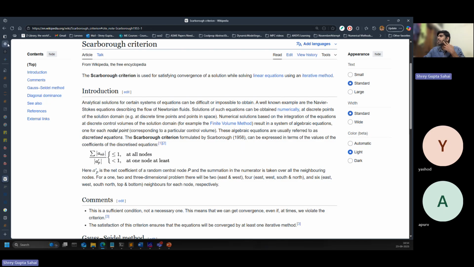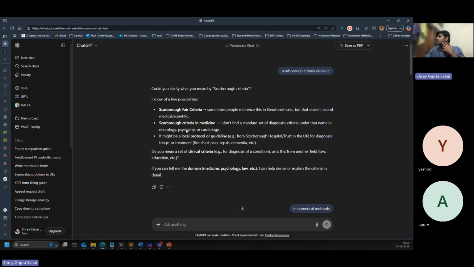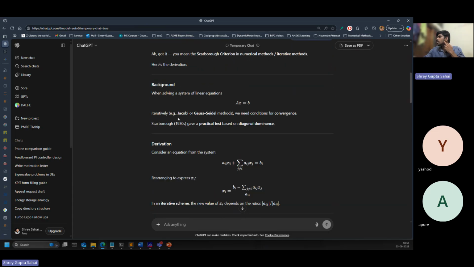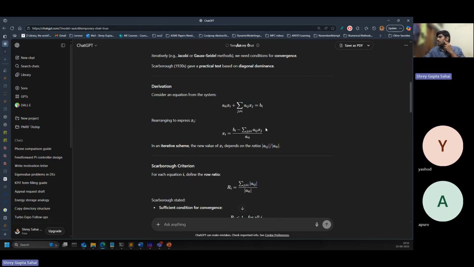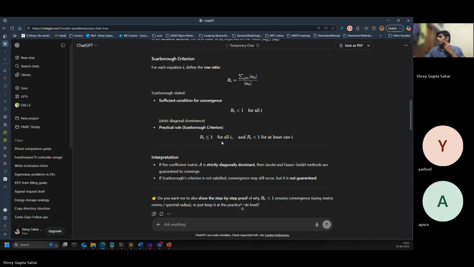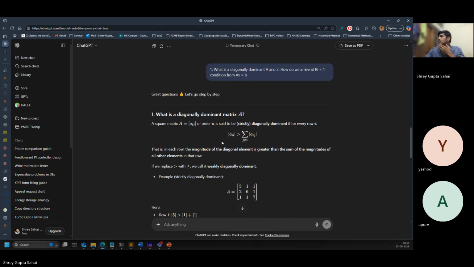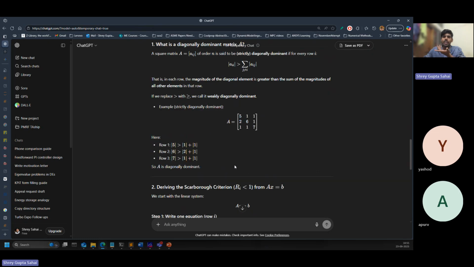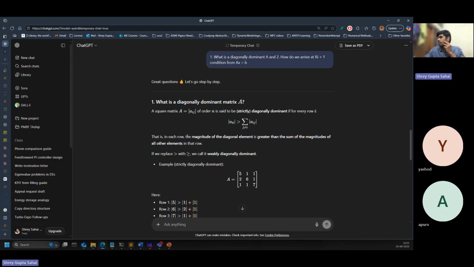Okay, that is fine. So what does it say? It says, based on diagonal dominance, basically that if your matrix is diagonally dominant, then you are going to get a stable solution. That is what the Scarborough criteria is saying, in each line.